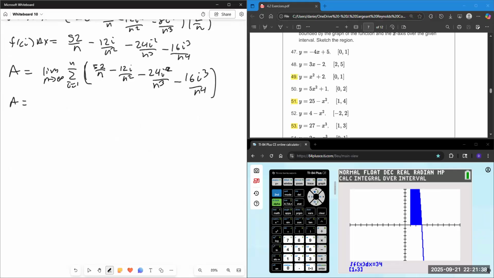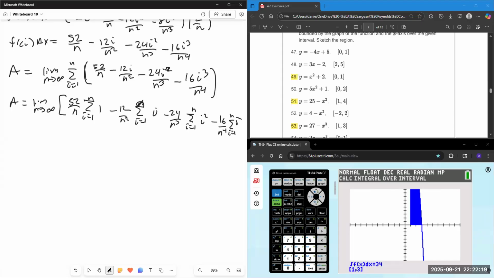So A is equal to the limit as n goes to infinity of 52 over n, summation i equals 1 to n of 1, minus 12 over n squared, summation i equals 1 to n of i, minus 24 over n cubed, summation i equals 1 to n of i squared, minus 16 over n to the fourth, summation i equals 1 to n of i cubed.